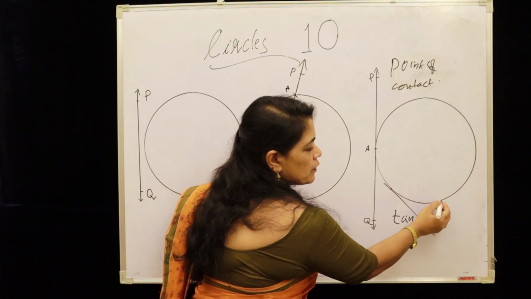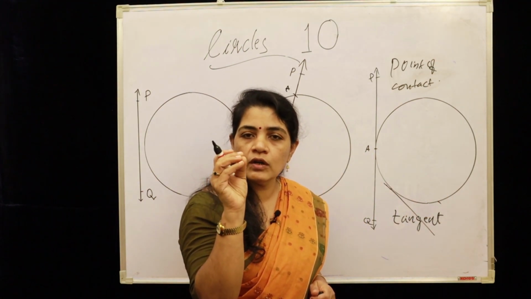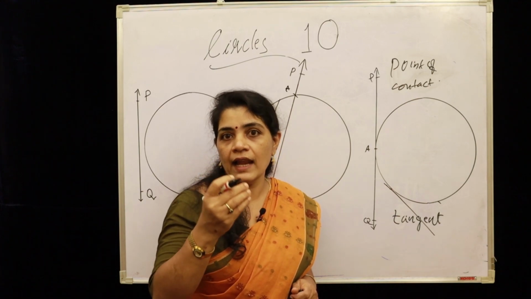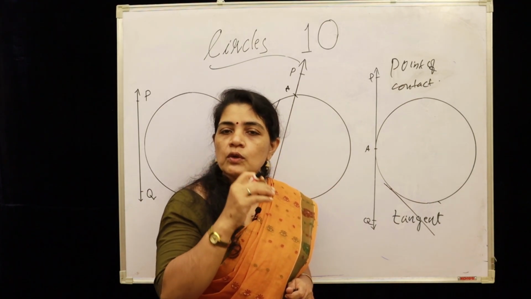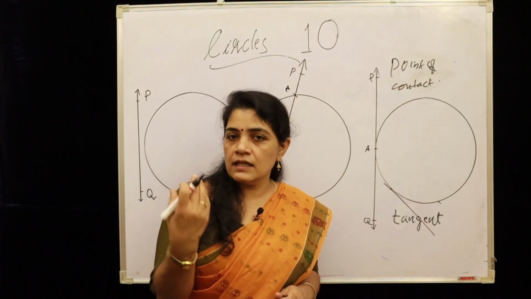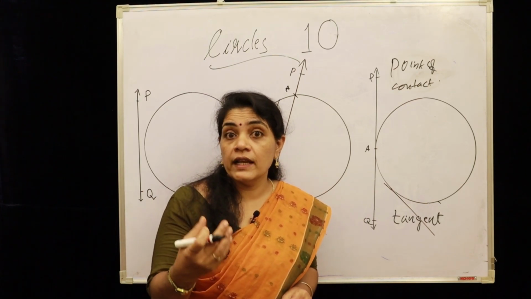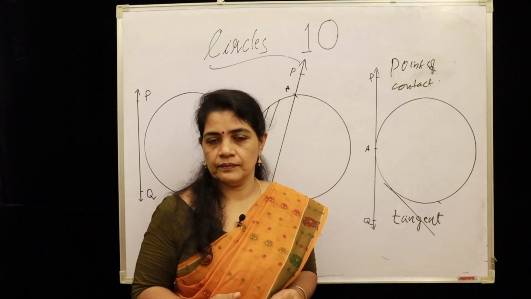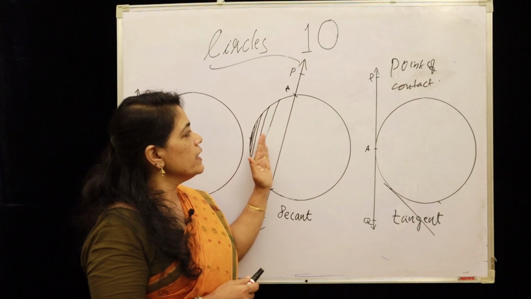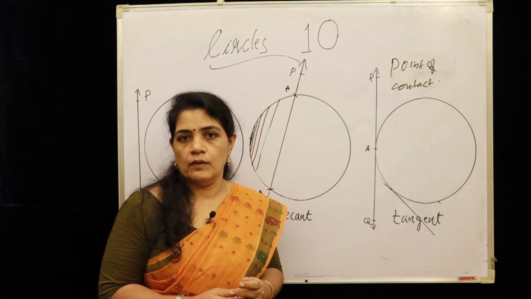You can select a point on the circle, and with respect to that point you can draw a line which has only that point in common with the circle. So a circle can have infinitely many tangents. The same way, a circle can have infinitely many secants also.